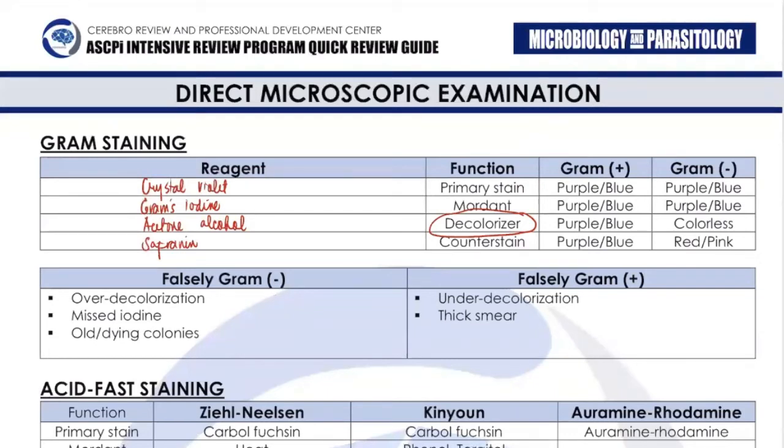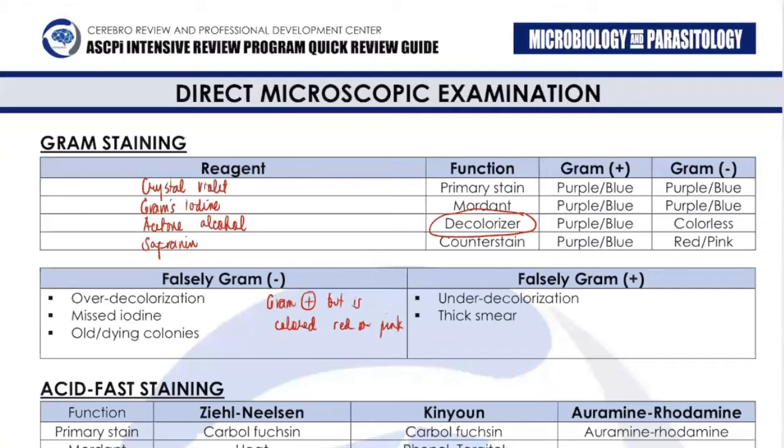However, sometimes organisms can appear as falsely gram negative or falsely gram positive. When we say falsely gram negative, the organism is gram positive but is colored red or pink.